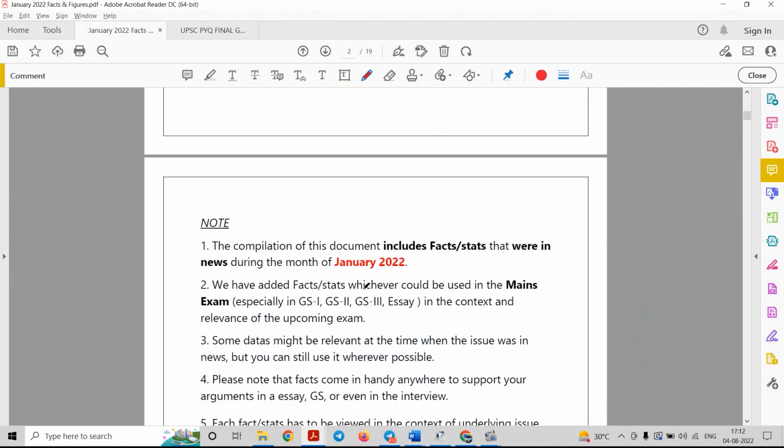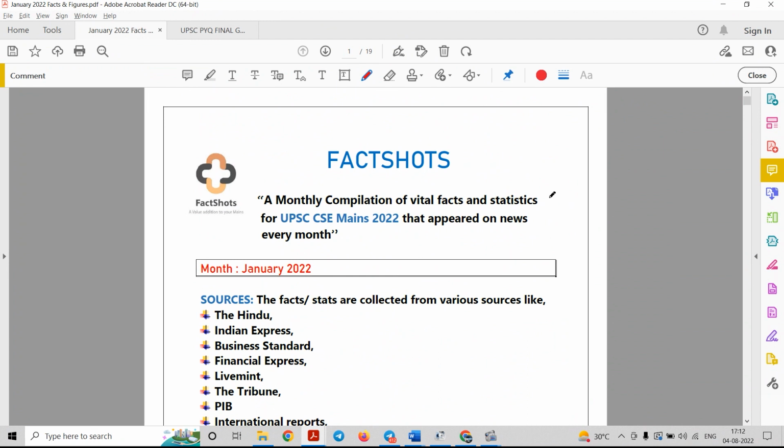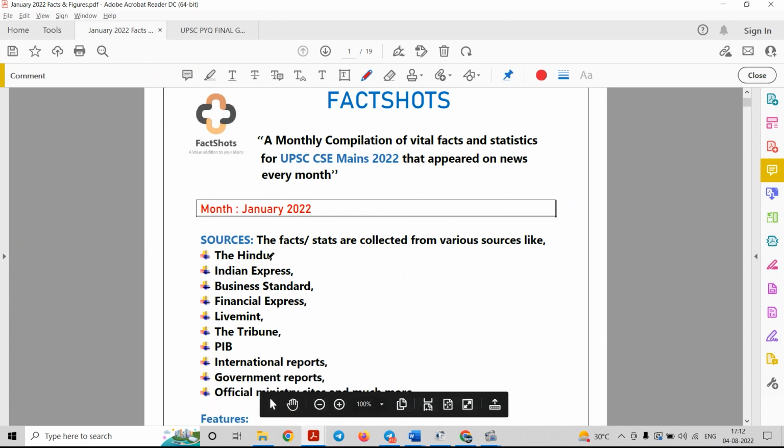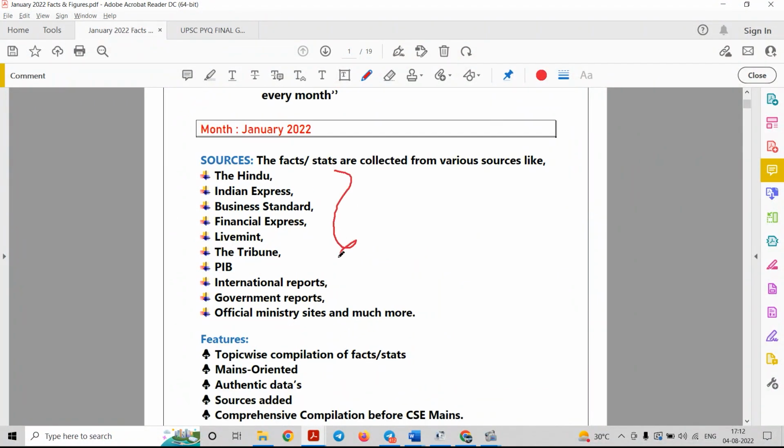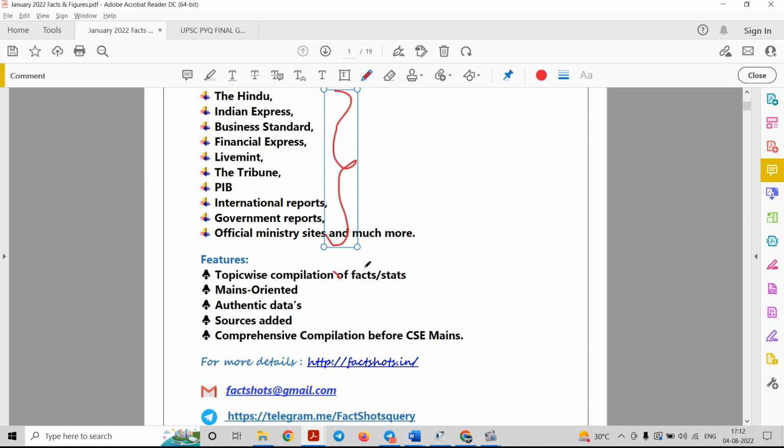But that is again an issue: you couldn't practice the validation part, and that is being made easier by us by providing quality material taken from various authentic sources, segregated monthly. We are also quoting sources for this data.